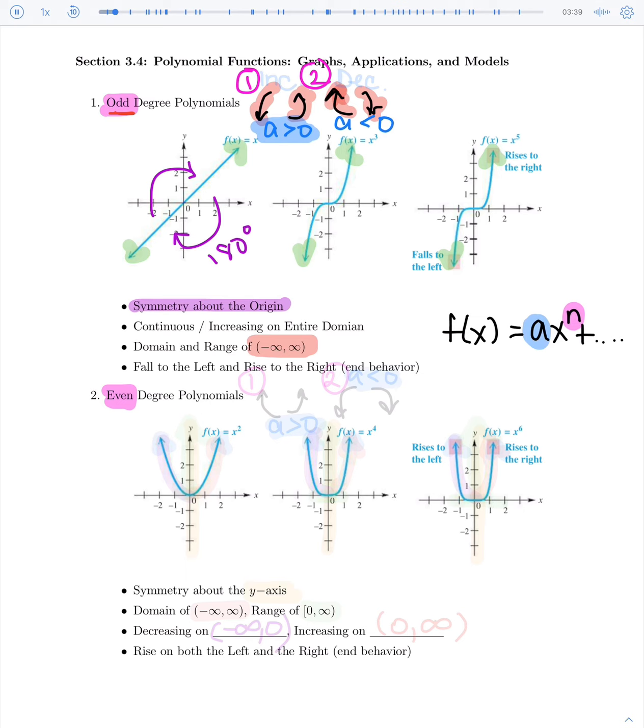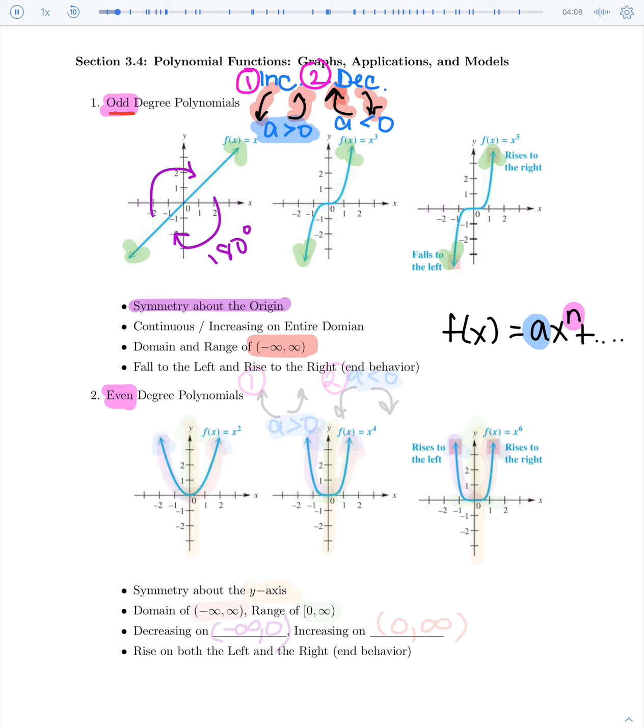If your a is positive, you're increasing on the entire domain. If the a is negative, you're going to be decreasing on the entire domain. At least just to start. We'll throw in some variations on this, but this is just if you have an x cubed, and x to the 5th, with nothing added on after that.